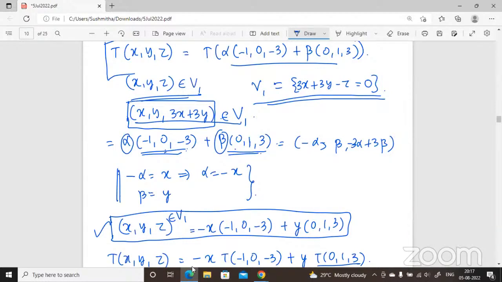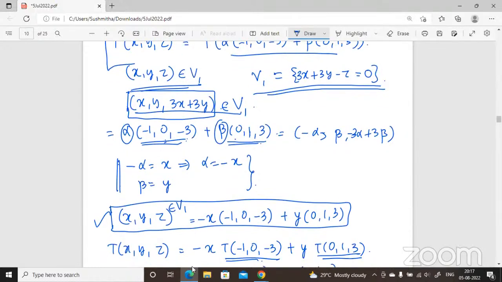So minus alpha, how did it become 3x, and beta became 3y? No, I put z is equal to 3x plus 3y because we are in V1, right? I have only 2 independent variables. Oh, okay. I'm getting it now. Okay, thanks.